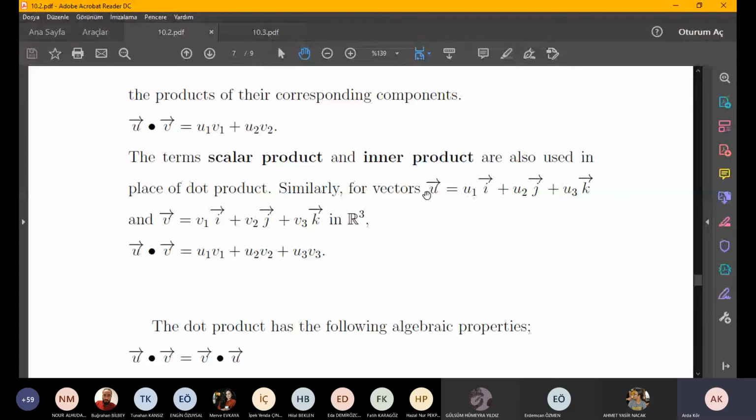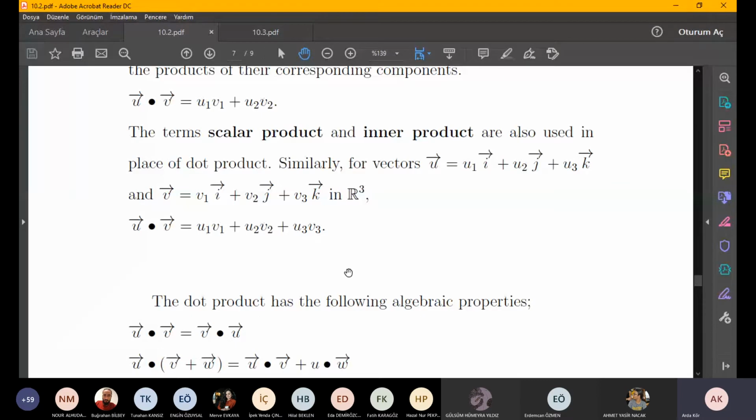If u is a vector with components u1, u2, and u3, and v is a vector with components v1, v2, and v3, then the dot product of u and v is equal to u1 times v1 plus u2 times v2 plus u3 times v3. So you can generalize it to three-dimensional space.